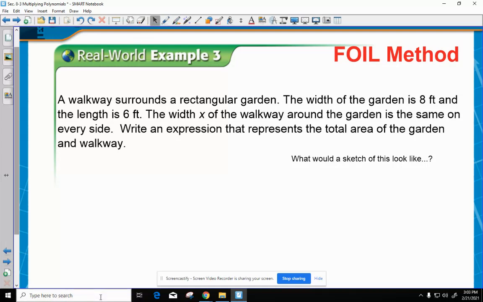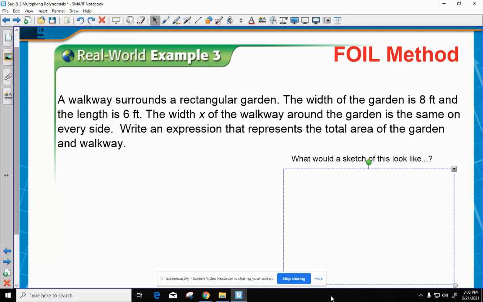So as we read this, a walkway that surrounds a rectangular garden. Picture that, a walkway around a rectangular garden. And I would encourage you to make a drawing of what this looks like. I've got a drawing right underneath this box over here. So a walkway around a rectangular garden. The width of the garden is 8 feet, the length is 6 feet.